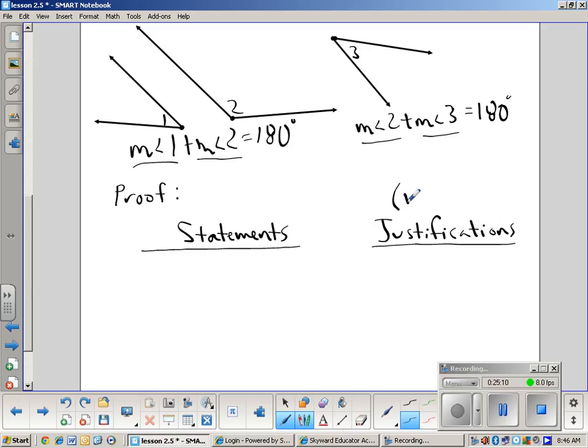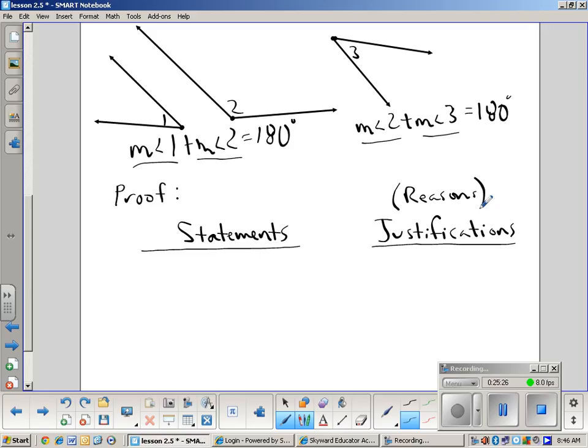Some people might call these the reasons. I would have no trouble if you labeled that statements and reasons. The reasons means the reasons I know that it's true. The justification I have to support why it's true.